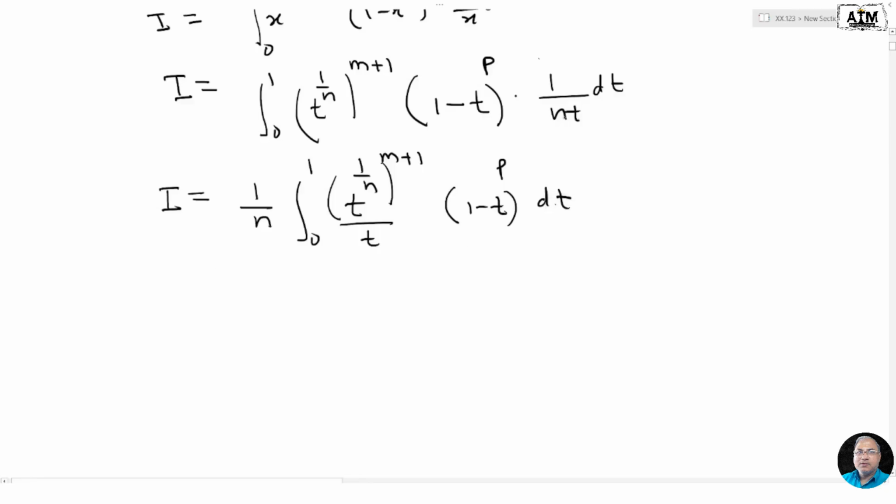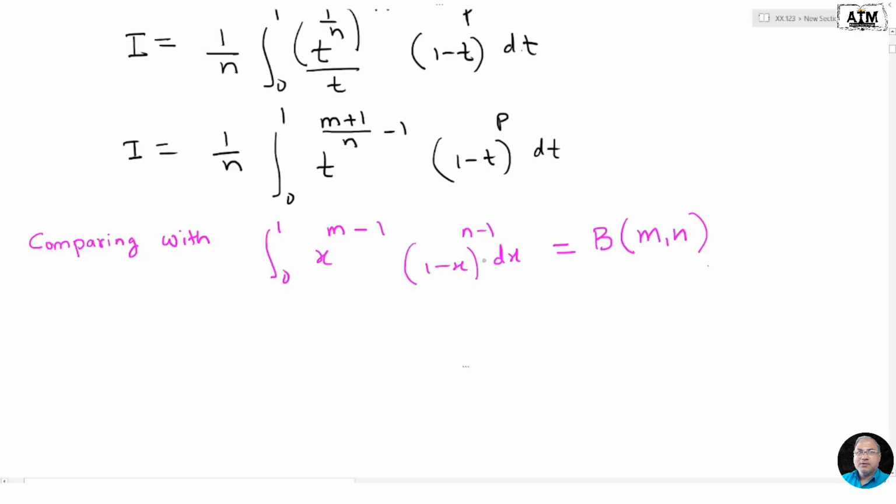After that this n taken common, so 1 upon n integration 0 to 1, and here is the 1 upon t written here, so this becomes I equals 1 upon n integration 0 to 1, t raised to m plus 1 whole upon n minus 1, (1 minus t) raised to p dt.